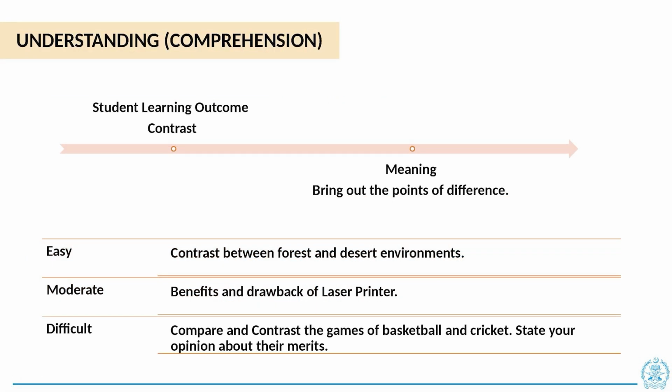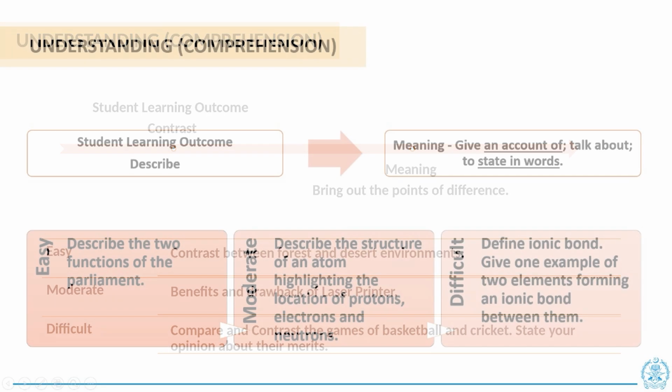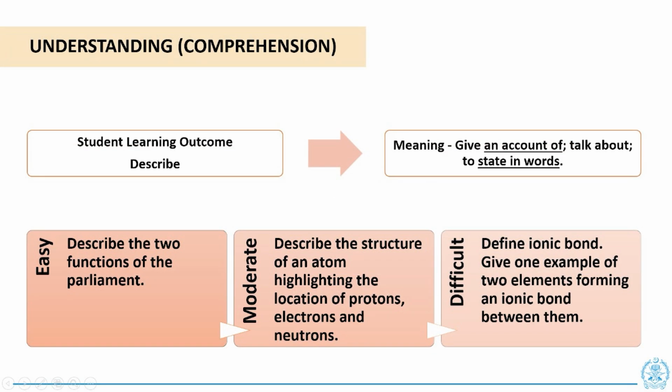Similarly, for understanding comprehension level, the questions may not be limited to any specific difficulty level. An example is in front of you. The student learning outcome is contrast, its meaning is given, and there are three different levels: easy, moderate, and difficult.